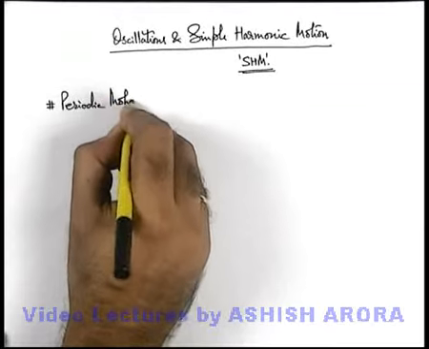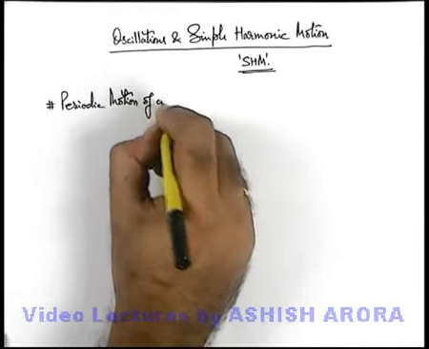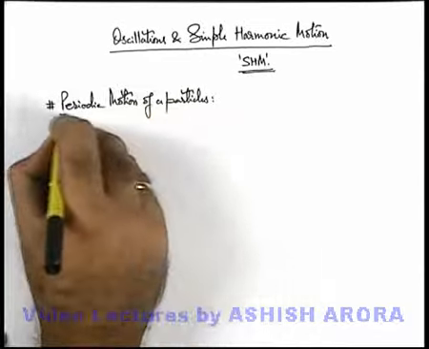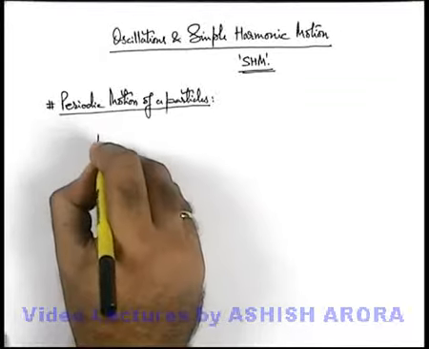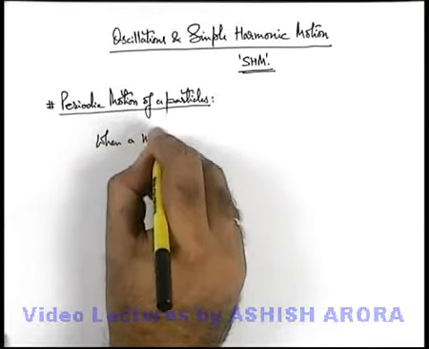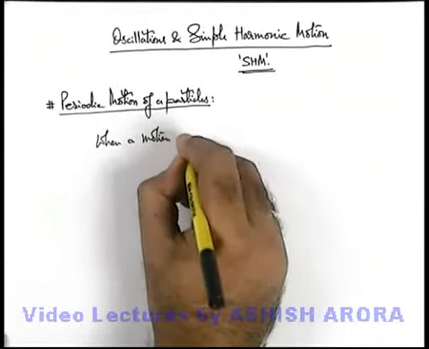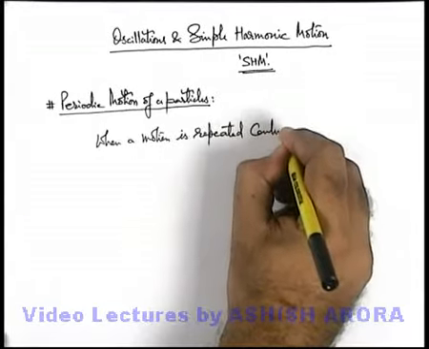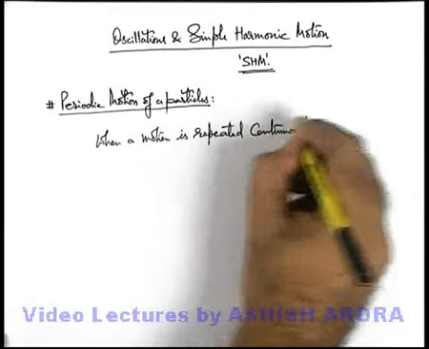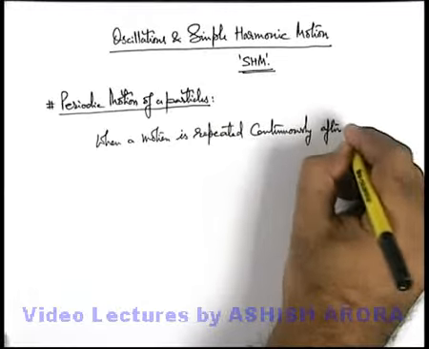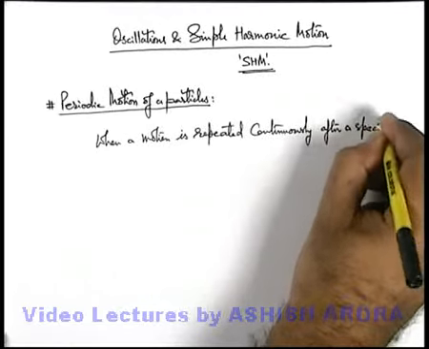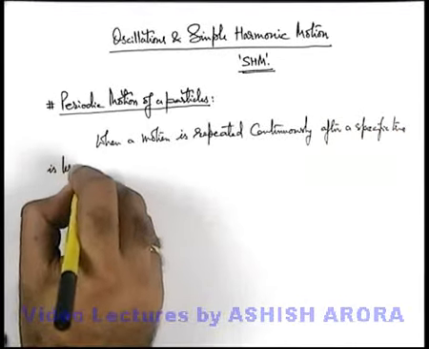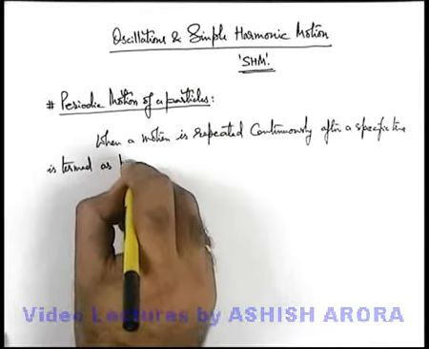I hope all of you are aware of the periodic motion of a particle, what exactly it means. This you already studied in your early classes also. We can simply state that when a motion is repeated continuously after a specific time, it is termed as periodic motion.